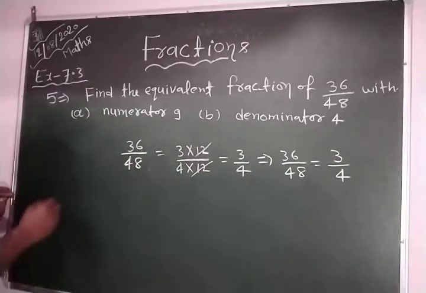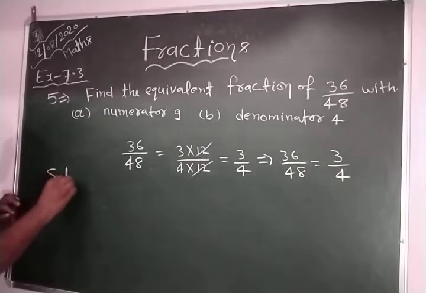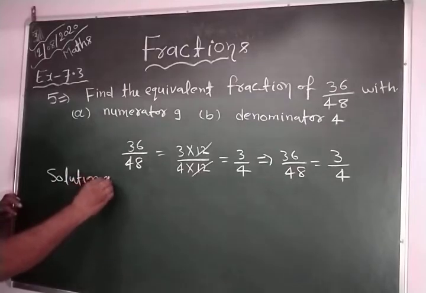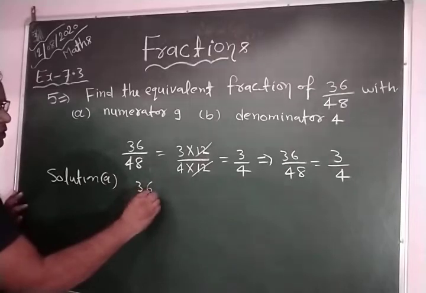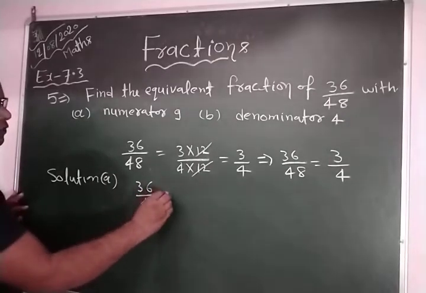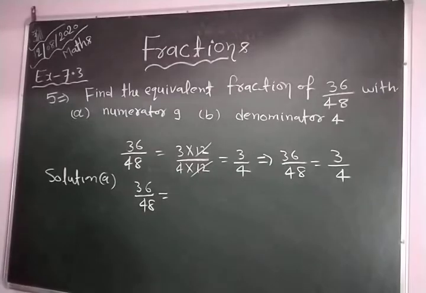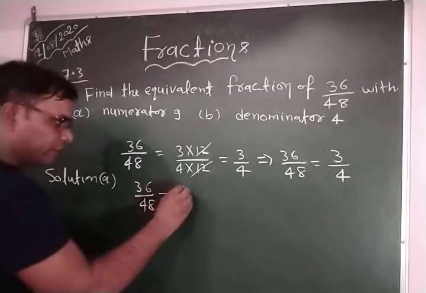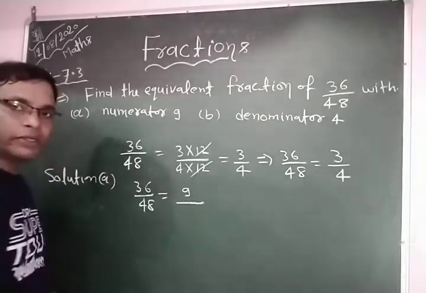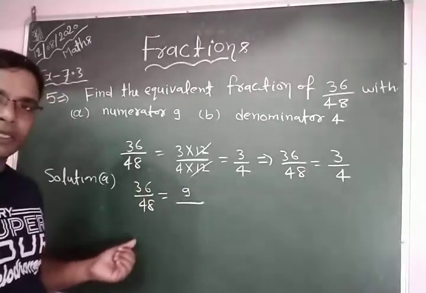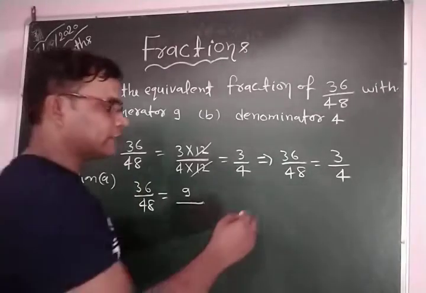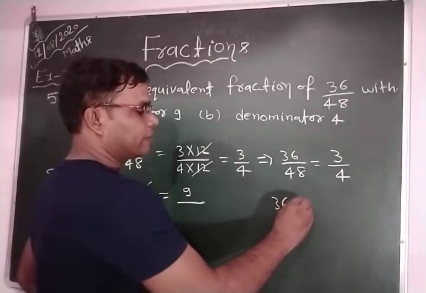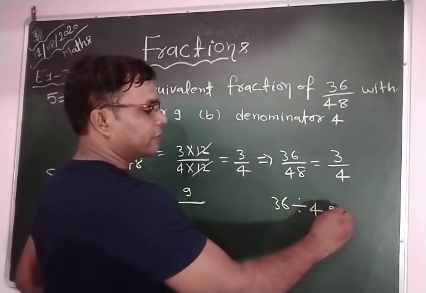Okay, so let's see the solution. A part. Our given fraction is 36 by 48. We find the equivalent fraction of 36 by 48 whose numerator is 9. So here we write 9 in the numerator and 36 by 48. By which number do we divide 36 to obtain 9? Obviously, if you divide 36 by 4, then you obtain 9.